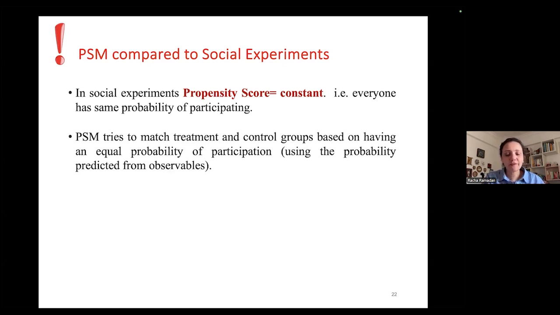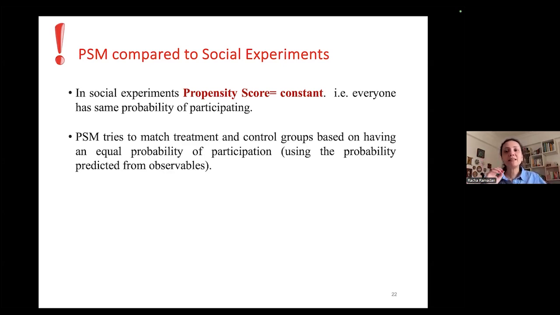So assume that Rasha, given her characteristics, has a very high probability of being selected, but she was not selected into the Takaful program, while Ganna, who has the same characteristics or the same score as Rasha, was selected. This is what we mean by mimicking the social experiment: we have two persons who had equal probability of being selected into a specific program and benefiting from a specific policy, and one was selected and the other was not, as if it was random, though it's not the case.